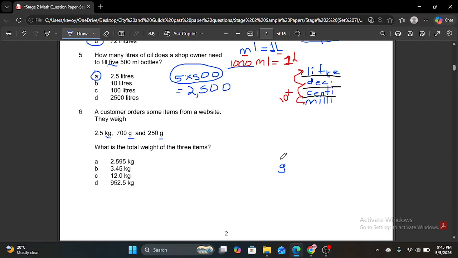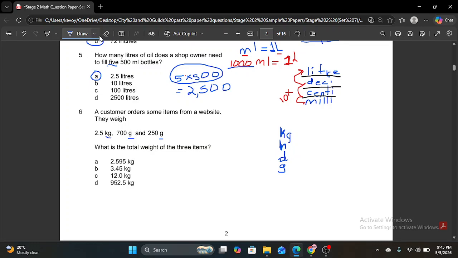So gram, decagram, hectagram, and kilogram.